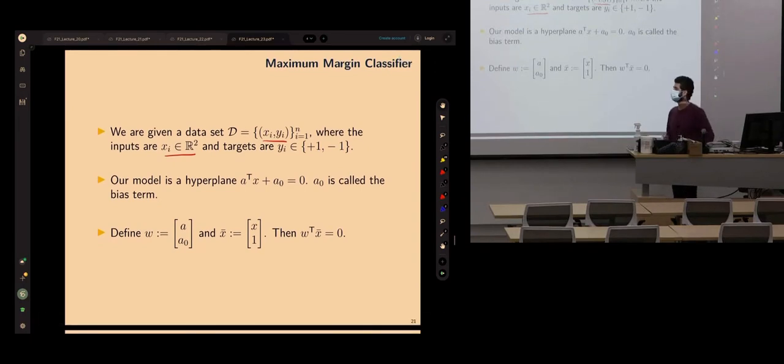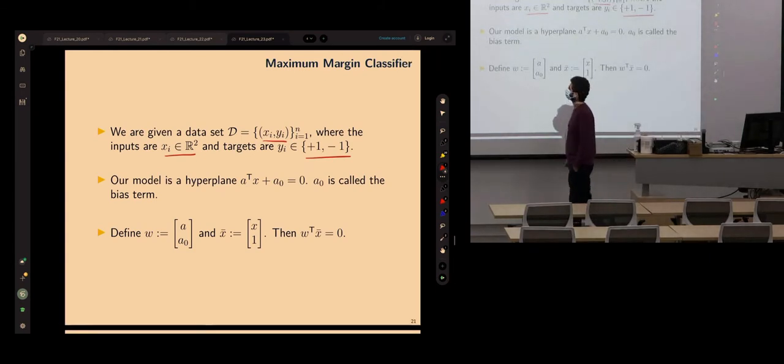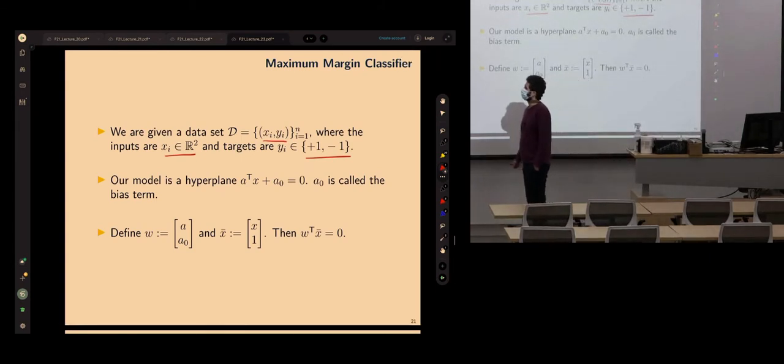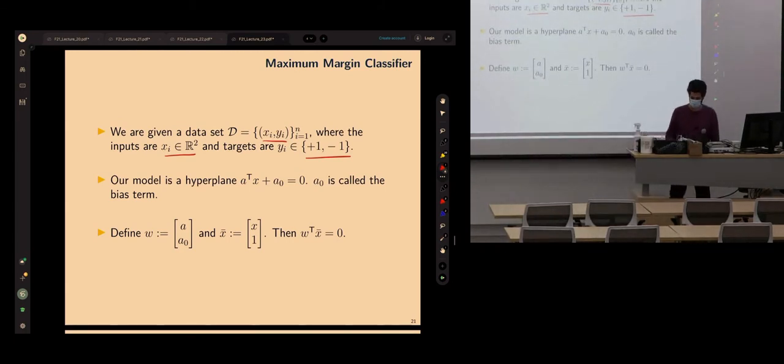Now, we can't work with blue circle and red cross. You need to pick numbers. You can choose +1, -1. That's very common, right? Now, it's totally up to you. Let's call red circle +1, or the other way around. It doesn't matter. So we have two categories. The outputs are +1, -1.